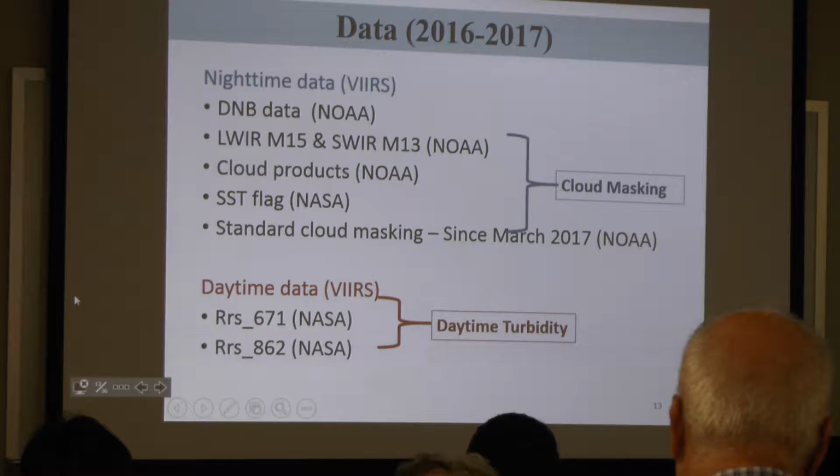For the daytime data, I use water reflectance from 671 and 862, which are in the visible red bands. These two variables will be used to derive daytime turbidity. To simplify speaking, I will say red reflectance for these two variables.